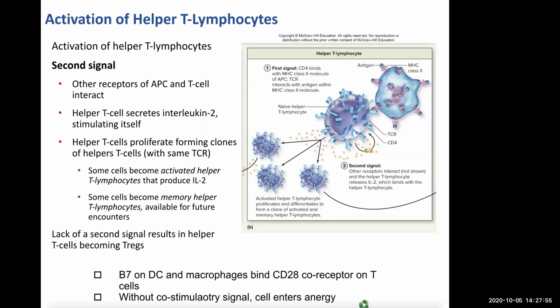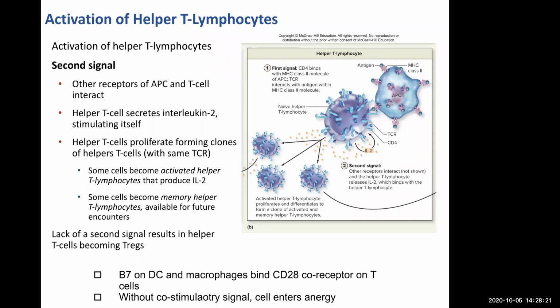I mentioned this in the last lecture, but T helper cells don't directly attack and destroy cells. What they do is activate all of the branches of the immune system. They activate all of the other immune cells through their very complex, extensive cytokine profiles. One of those cytokines is IL-2.